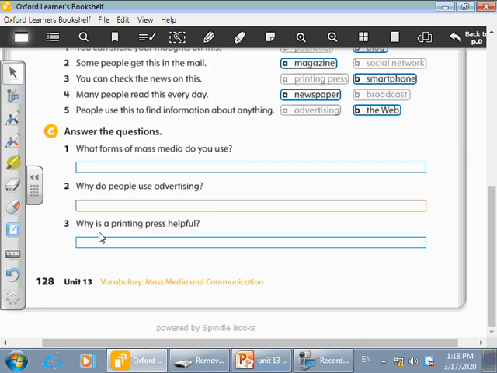Okay, number 3, why is a printing press helpful? As we said before, the printing press is a machine that prints millions of copies from a book or from a magazine. Because it helps people to get copies from a certain book or from a certain magazine.